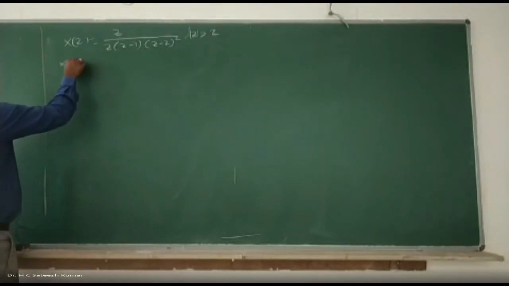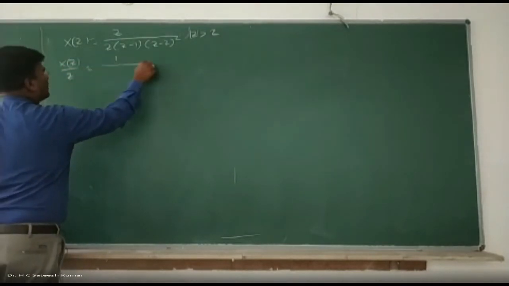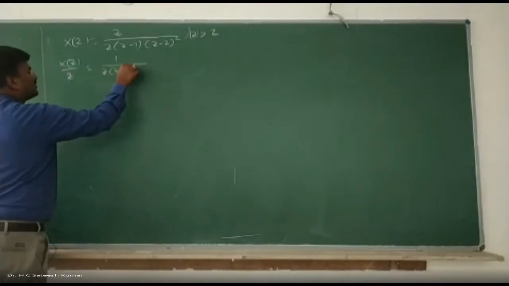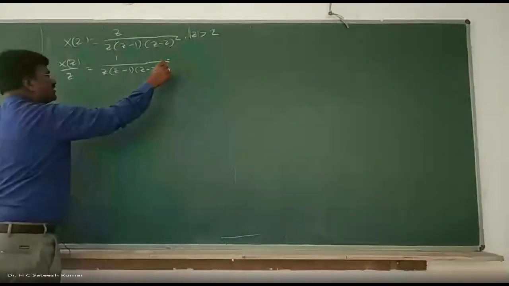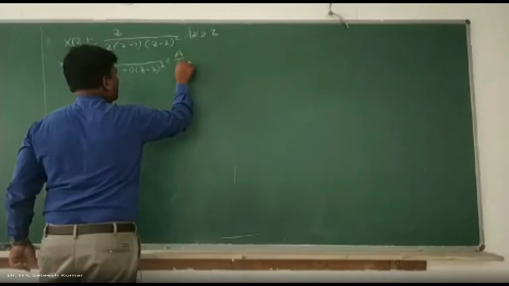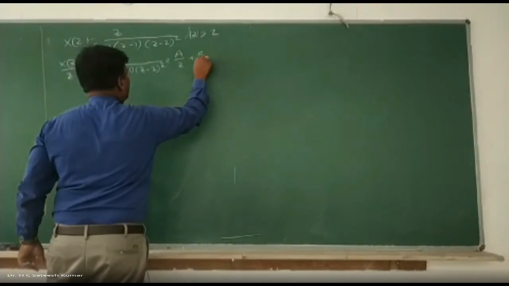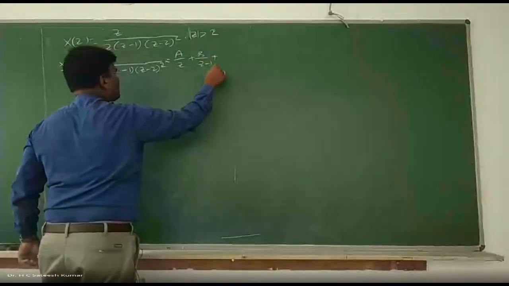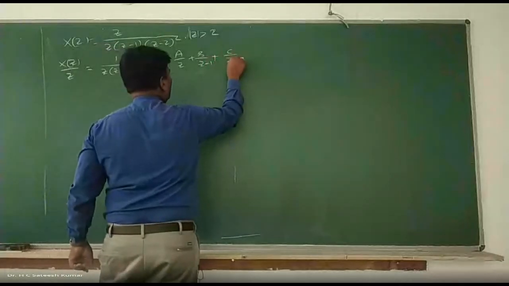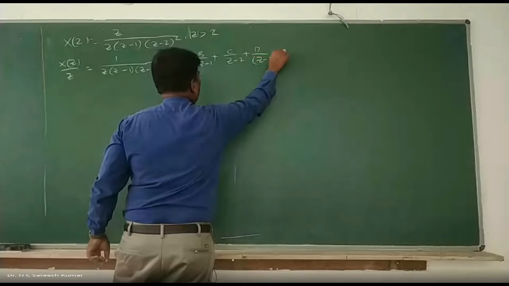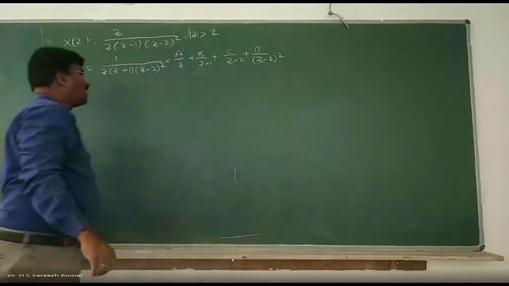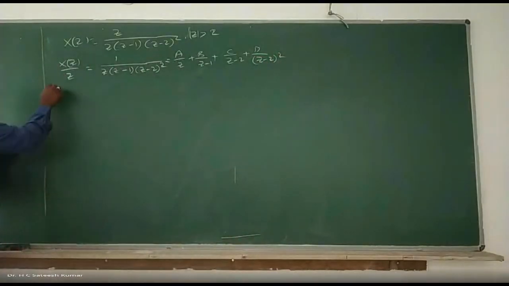You can write it. X of z by z is equal to 1 divided by z into z minus 1 into z minus 2 whole square, which is equal to A by z plus B by z minus 1 plus C by z minus 2 plus D by z minus 2 whole square. How to do this? Go for 1 is equal to LCM.